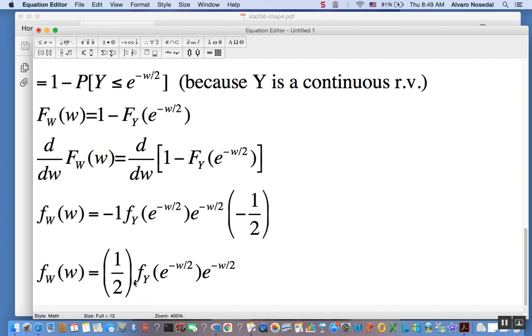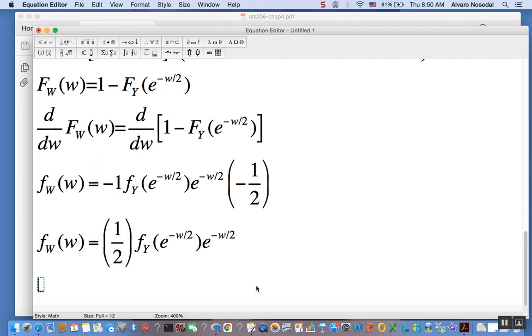So it's going to be 1/2 times the PDF of the uniform (0,1) evaluated here, times e to the negative w divided by 2. We're almost there. Now let me just point something out.